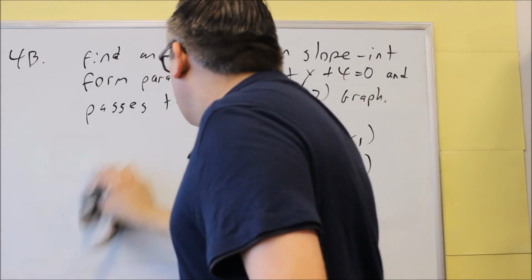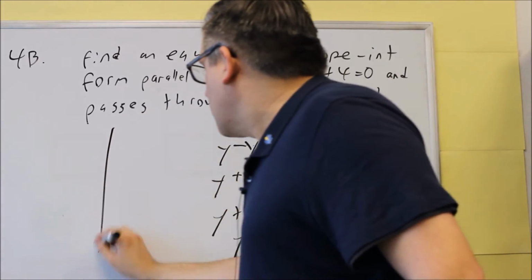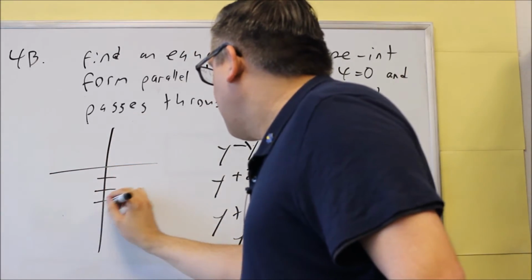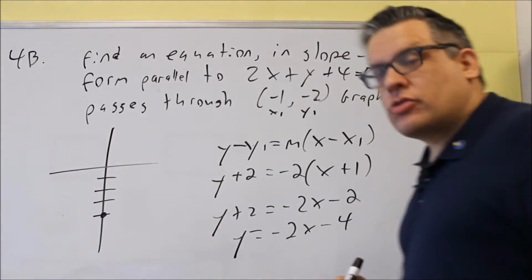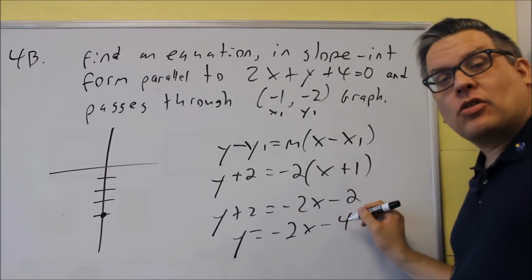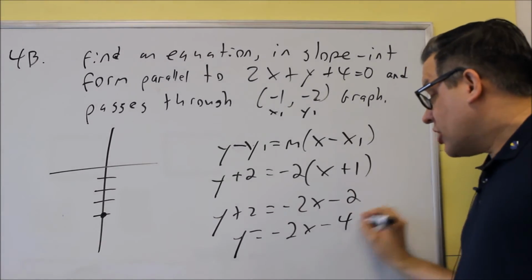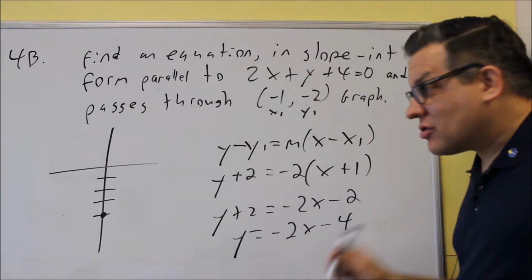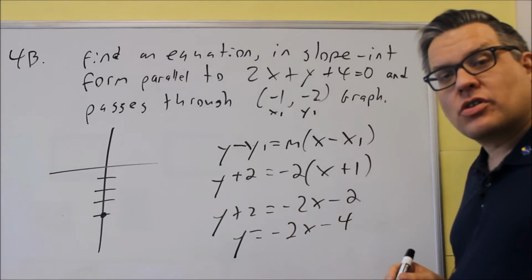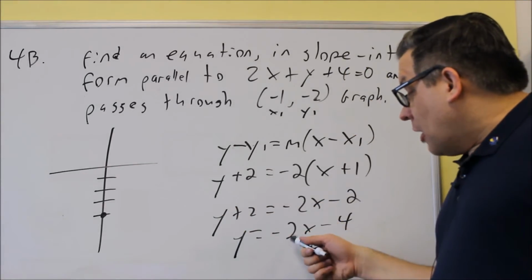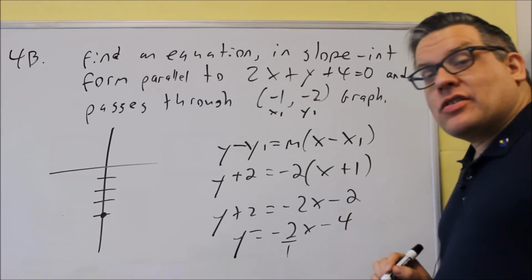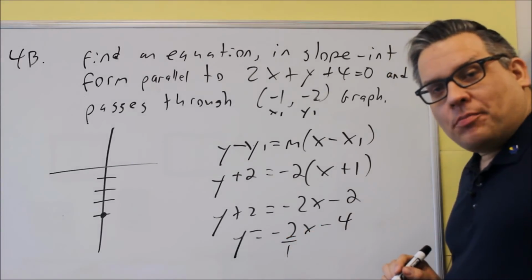So for this one, first thing we do, we always start by plotting the y-intercept. Y-intercept is always the number that comes after the x. So -4 we start with first. Because it's -2, I can think of that as a -2 over 1.